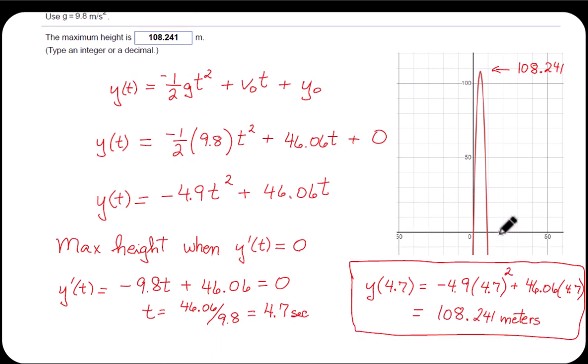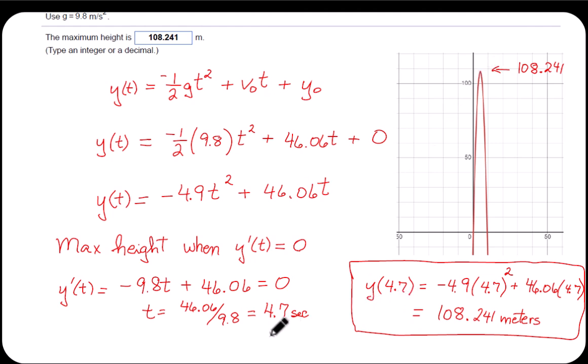I find it when y prime is 0. I'm looking for the critical point. So differentiate that, and here's y prime, and you can solve for the time that it occurs. I need the time because I need to use my position function to figure out where we're at.